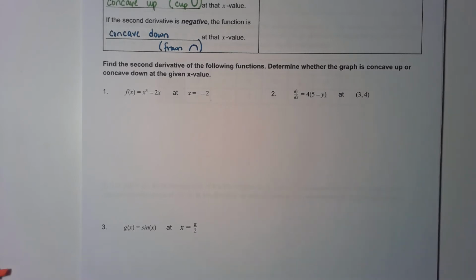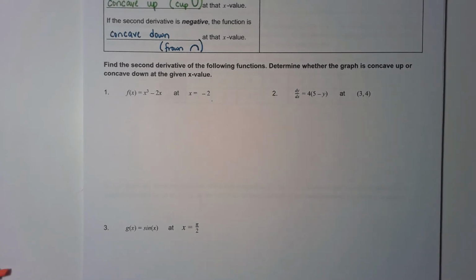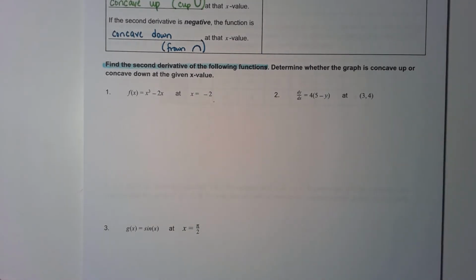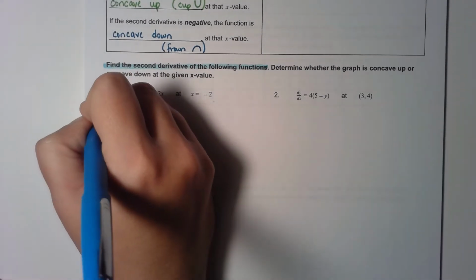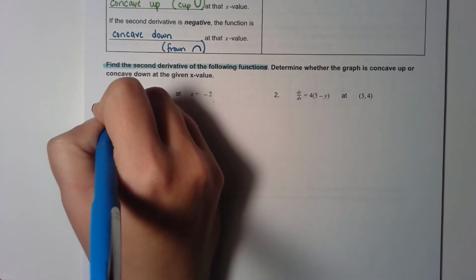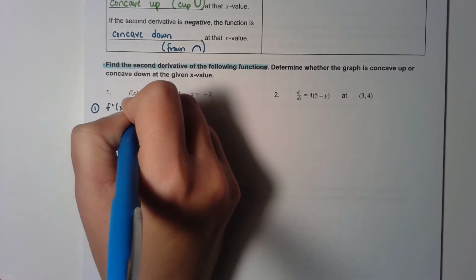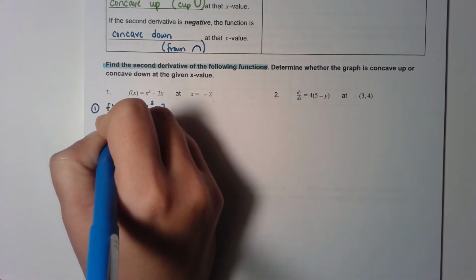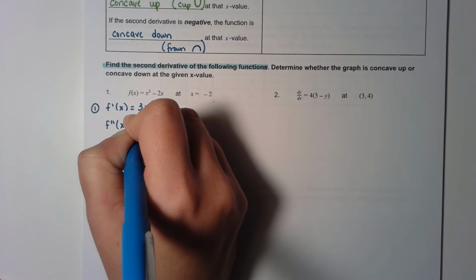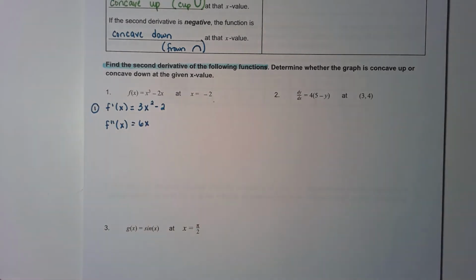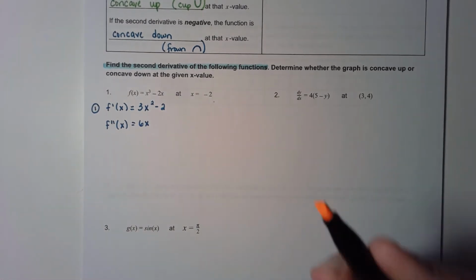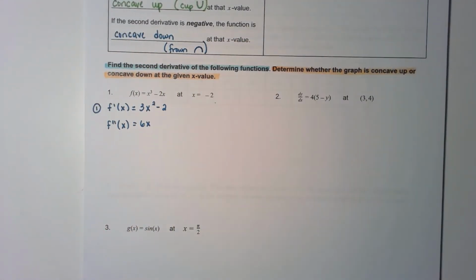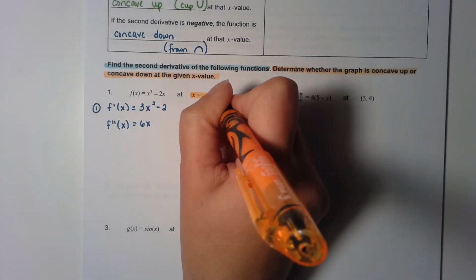Step number 1 is going to be to find the second derivative, which means take the derivative twice. So the first derivative here, f prime of x, would be 3x squared minus 2. And the second derivative here would be 6x. Then it says determine whether the graph is concave up or concave down at the given x value. So in this case, our x value is negative 2.